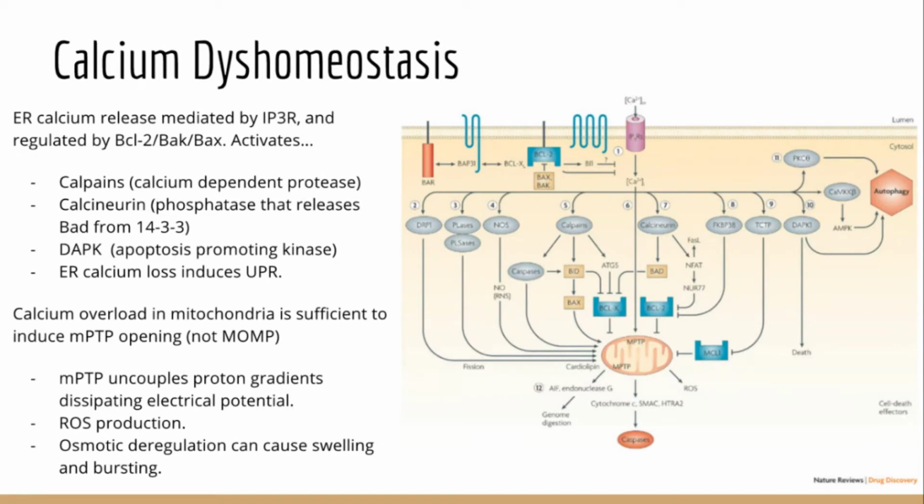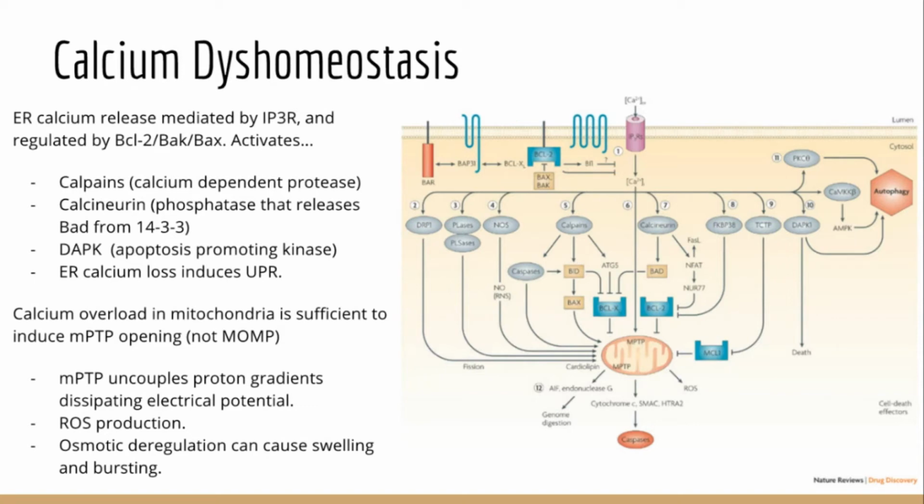So in contrast to calcium's pro-apoptotic activity in the cytoplasm, the loss of calcium in the ER, so what's happening up here, can also promote cell death. This is because many of the folding chaperones inside of the ER are calcium dependent. So when calcium levels are depleted in the ER, protein folding actually stalls, and the ER's trafficking of protein to the Golgi is stopped.